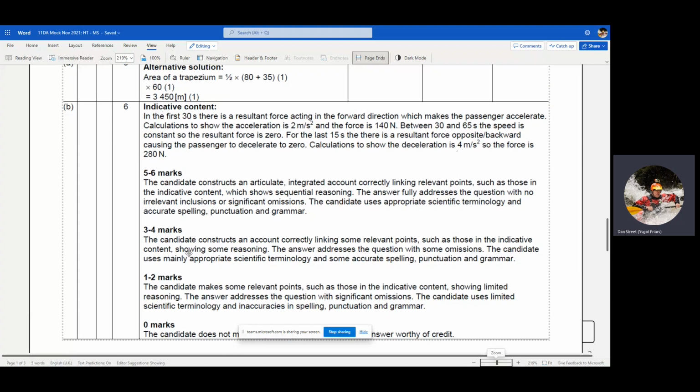For 3 to 4 marks, and you can imagine it's a lower quality answer, maybe some things missed out, maybe the way in which you address the answer isn't clear, isn't using all the correct terminology. And then for 1 to 2 marks, you obviously understand something about what you're saying, but you've not written it in a very coherent manner, and your scientific terminology and your spelling and punctuation, etc., are poor. Okay, so that's the sort of thing we're after there.